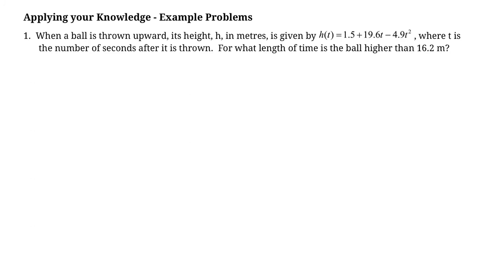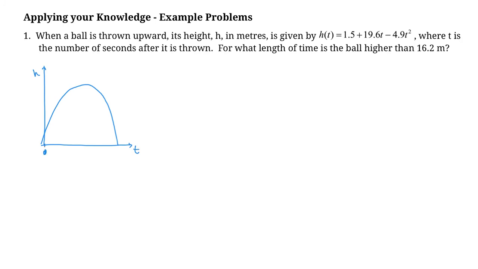Okay, so let's actually try to draw a graph to see what this might look like. And my graph won't exactly be accurate, but it's nice to actually just visualize the problem. So this quadratic would kind of look like this. Our height is that vertical axis and time is the horizontal axis.